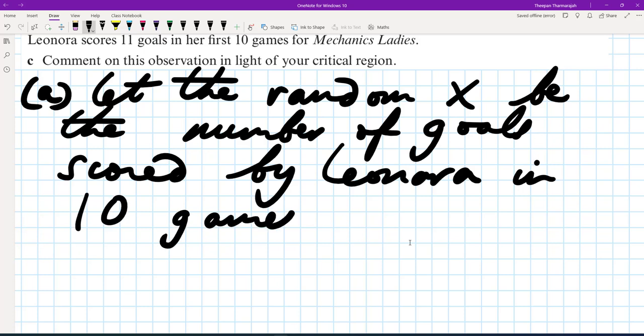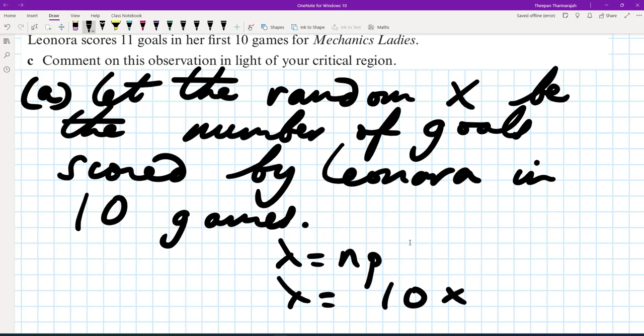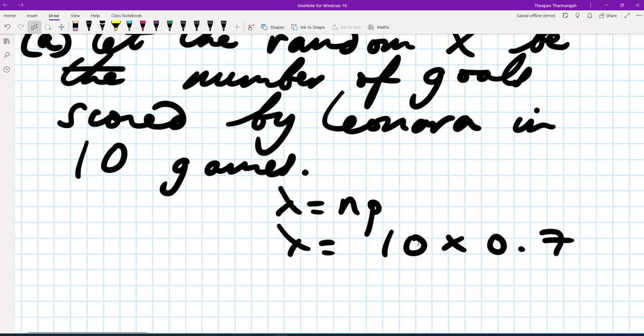Because we're talking about 10 games, we now need to find the rate. So the rate is going to be n times p. In our case, it's 10 times 0.7. So our lambda that we require is now 7.